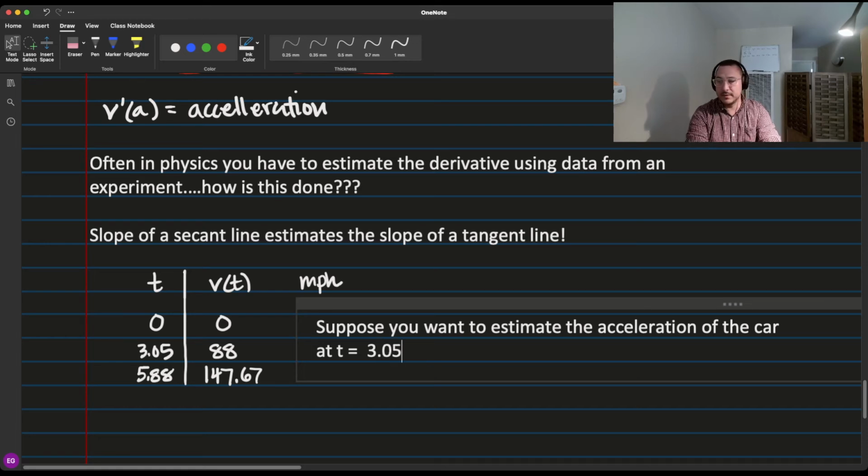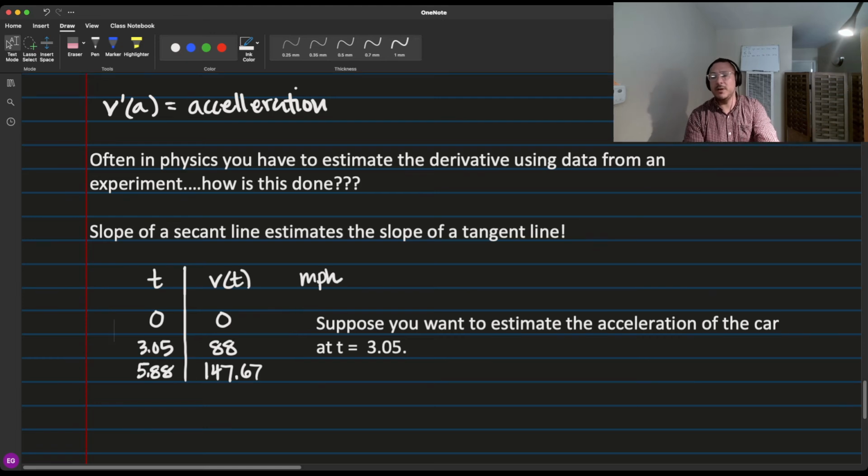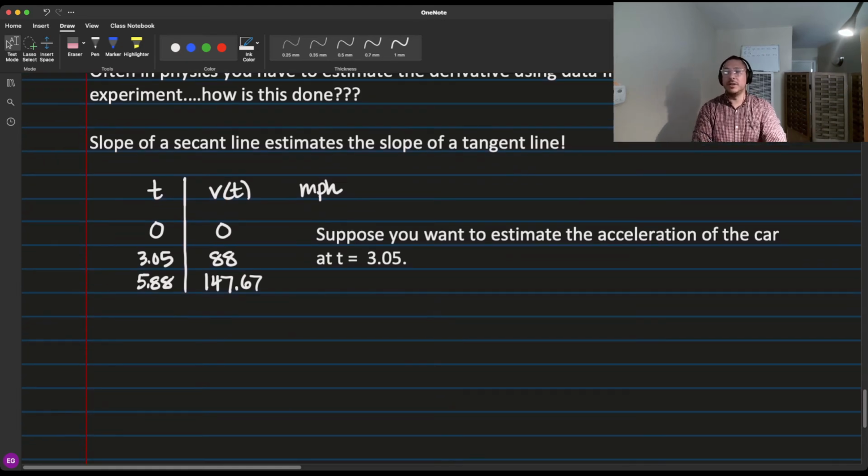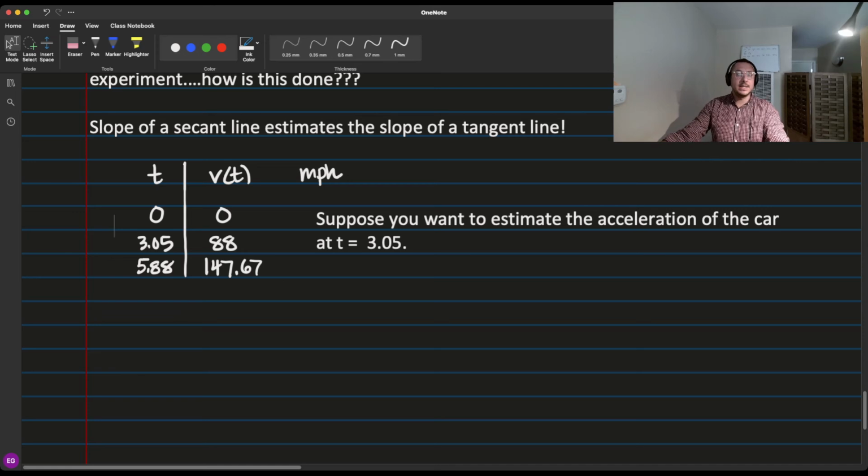How much was it accelerating? All you have is how fast it was going velocity-wise, but what was the acceleration? That's what you want to know. So you remember that acceleration is just the derivative of the velocity.